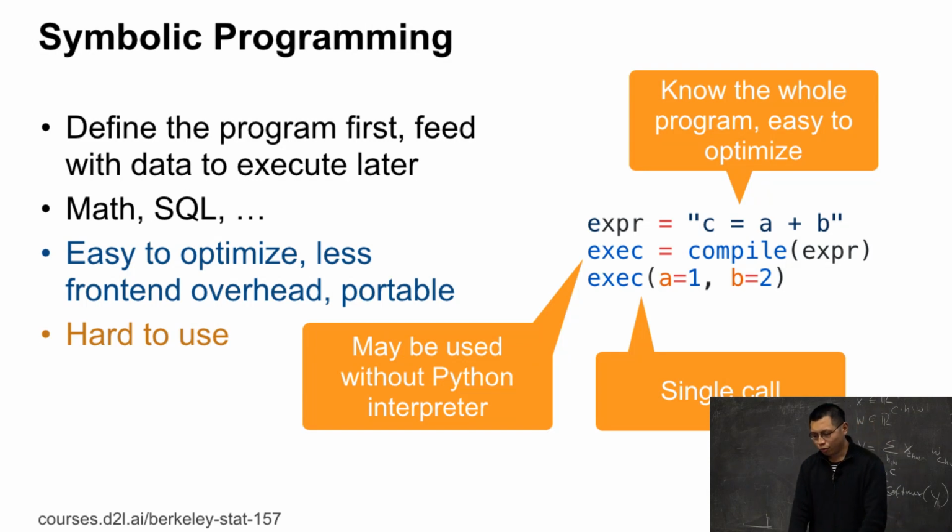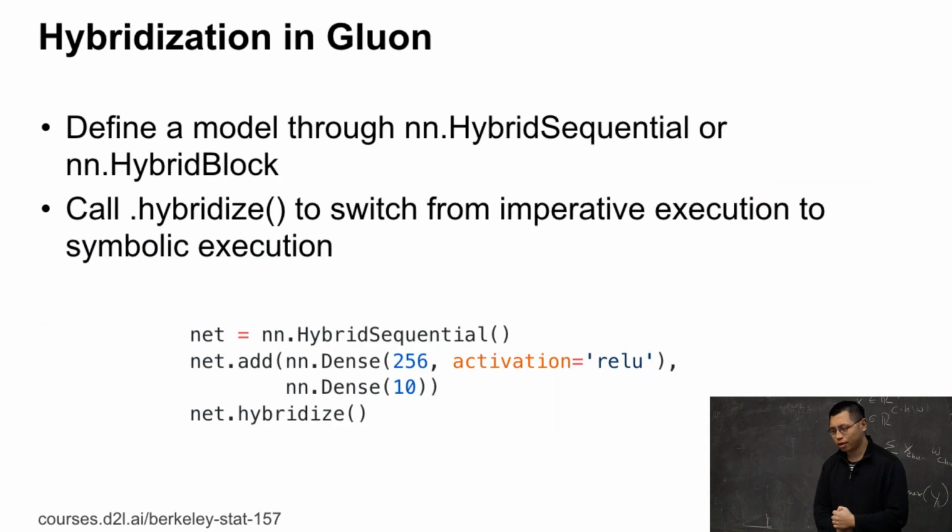Okay, so far we see two programming styles. One is easy to use, one is maybe faster. And in MXNet, actually, we can get the two together. So far we have seen how to define a network by using nn.Sequential or nn.Block. Using the hybridized model, you just use nn.HybridSequential or nn.HybridBlock.